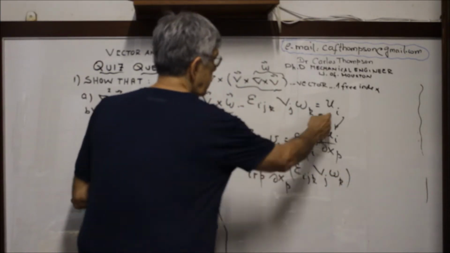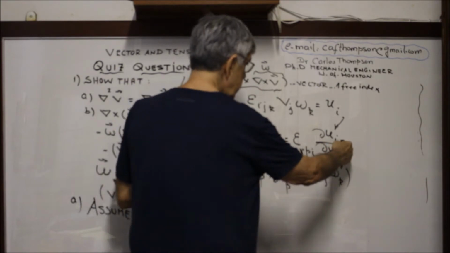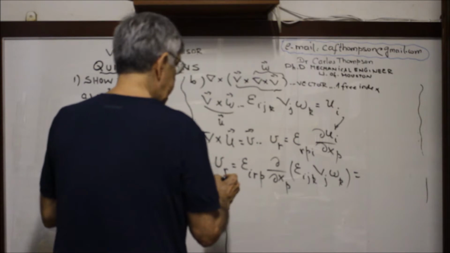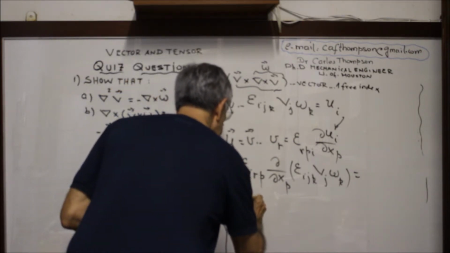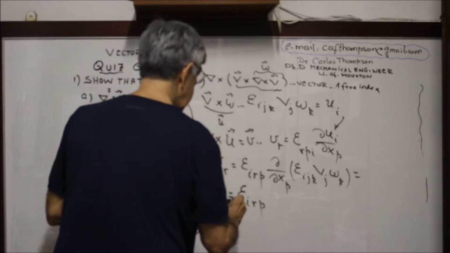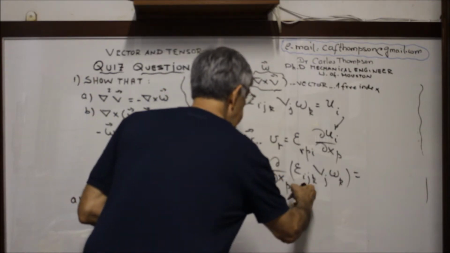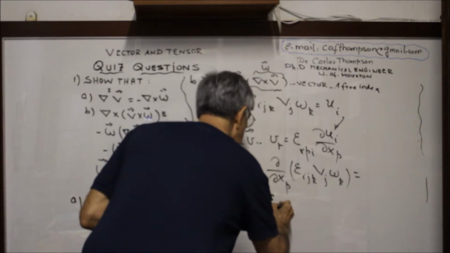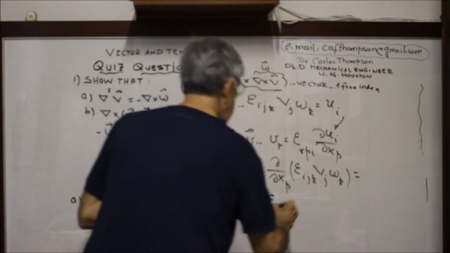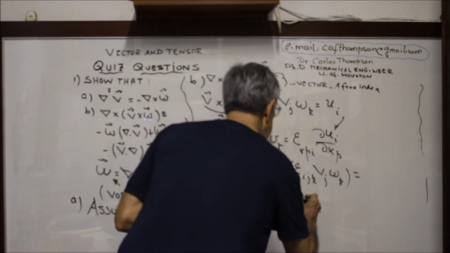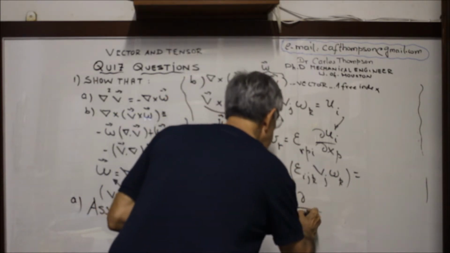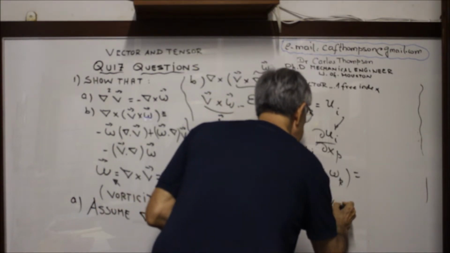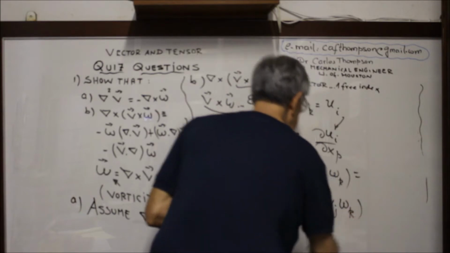This is Ui. Now, epsilon iRP I put outside because it's constant. Epsilon ijk, and there is no second derivative in this case, xP of Vj Wk.